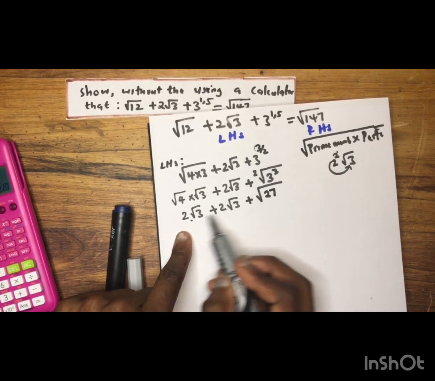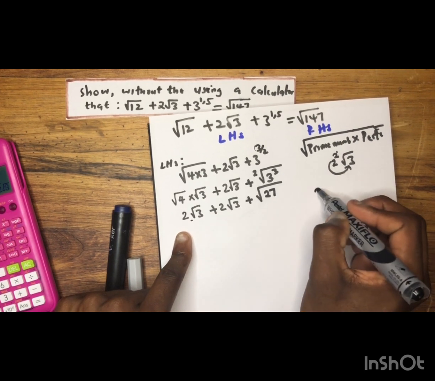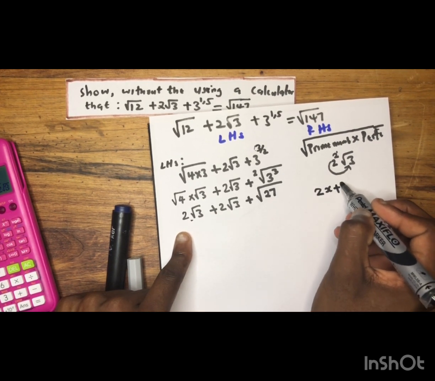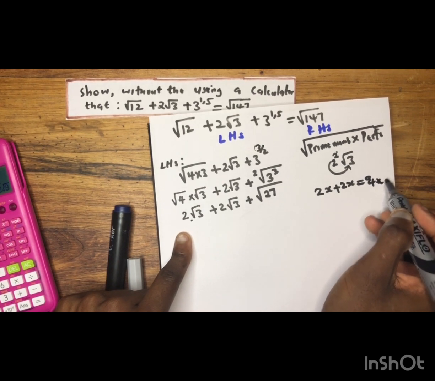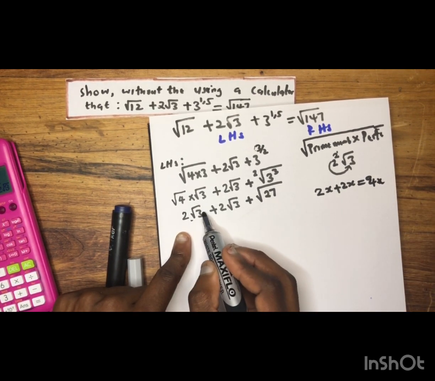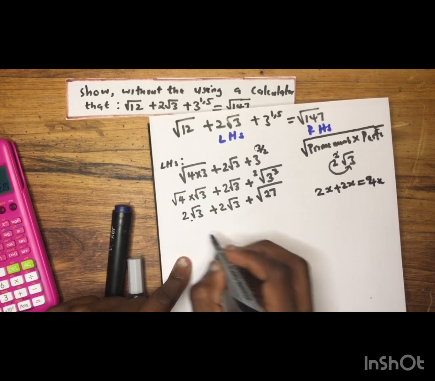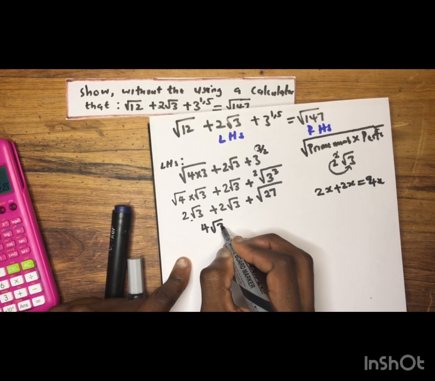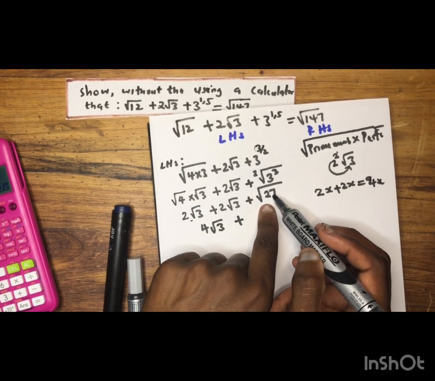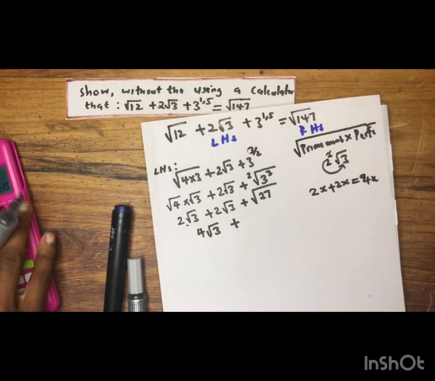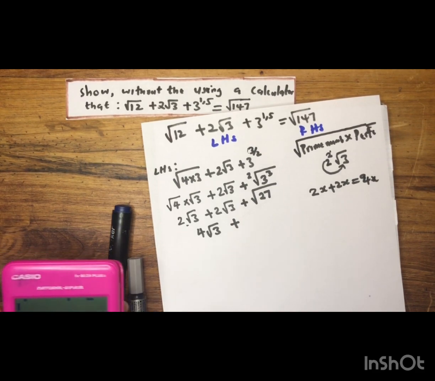So now you are adding the what? The sets. It's more like you have 2x plus 2x. So 2x plus 2x gives you what? 4x. So here, 2 root 3 plus 2 root 3 will give us 4 root 3 plus, remember, we are having 27 here. We need to find the prime number and the perfect number.